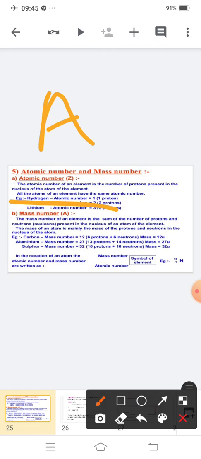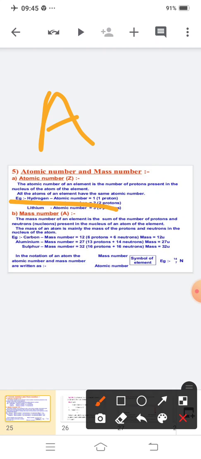So with this information, we can write the definition of mass number. The total number of protons and neutrons present in one atom of an element is known as the mass number. Mass number is equal to number of protons plus number of neutrons.